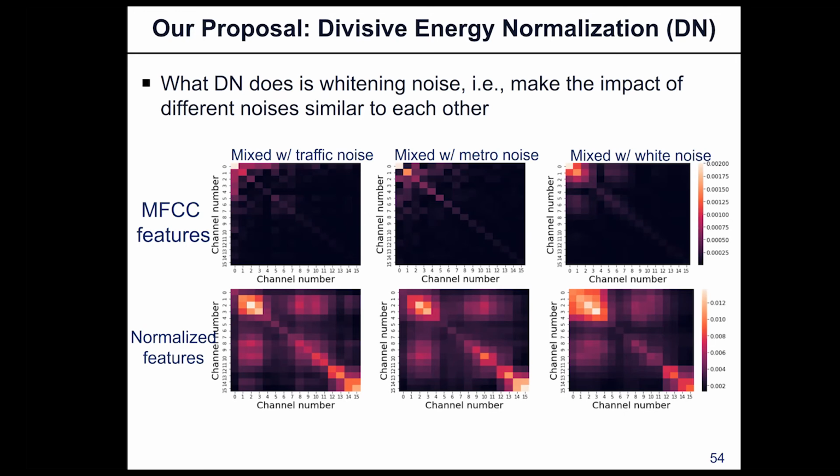In other words, if you perform the divisive normalization, the impact of the noise on the feature becomes similar to each other. And what that means is the classifier can learn a smaller number of patterns instead of a large number of patterns. That reduces the size of the classifier and also improves its accuracy. So that's the key idea.